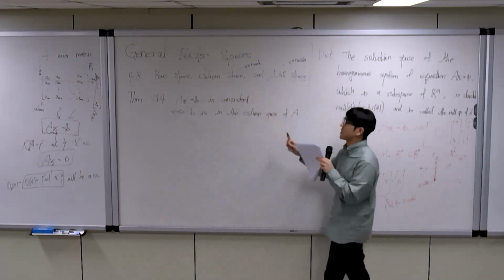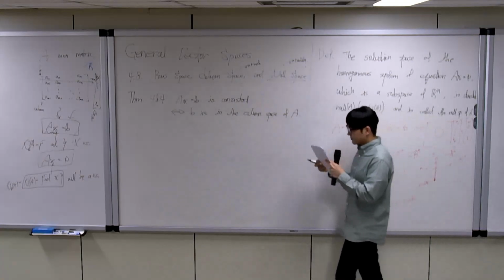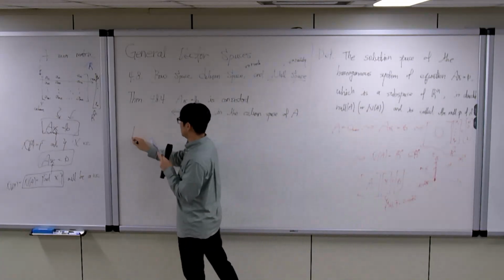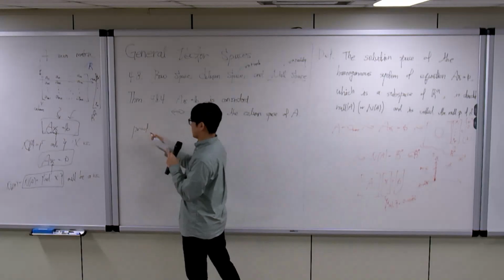So now we can see a property of the column space. Simply, we can prove it.